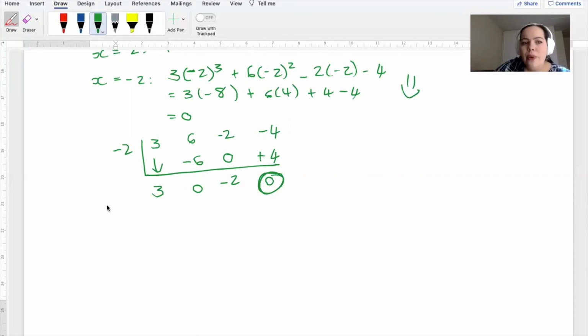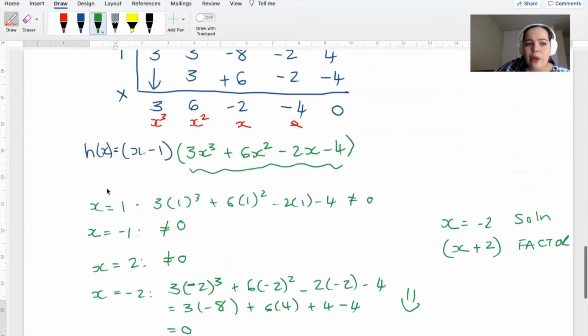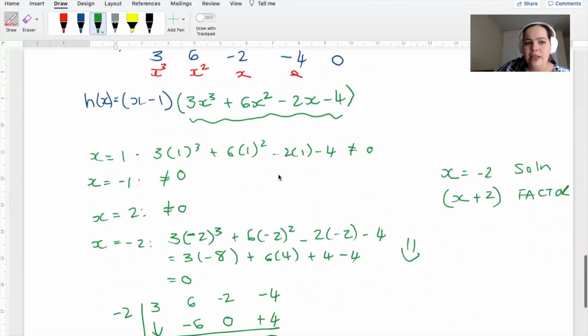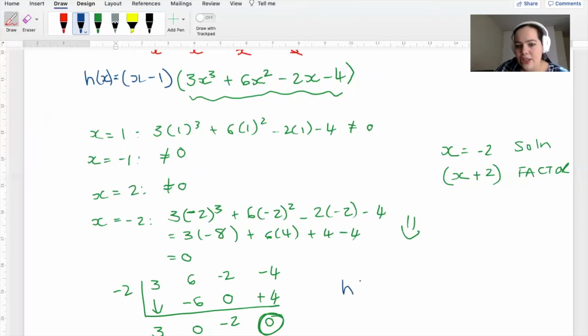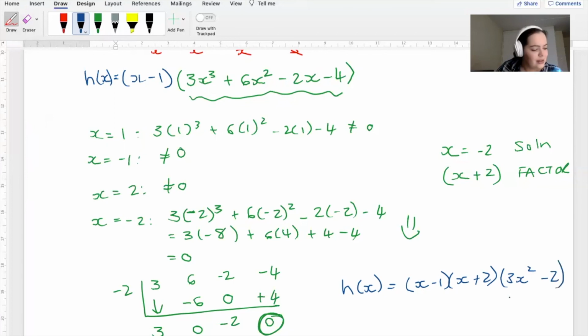So now we can say the following. We need to remember that this is what we had originally. So we can say that h(x) is equal to x minus 1, and then the linear factor for this part, x plus 2, and now we've got this quadratic here, which would be 3x squared plus 0x minus 2.